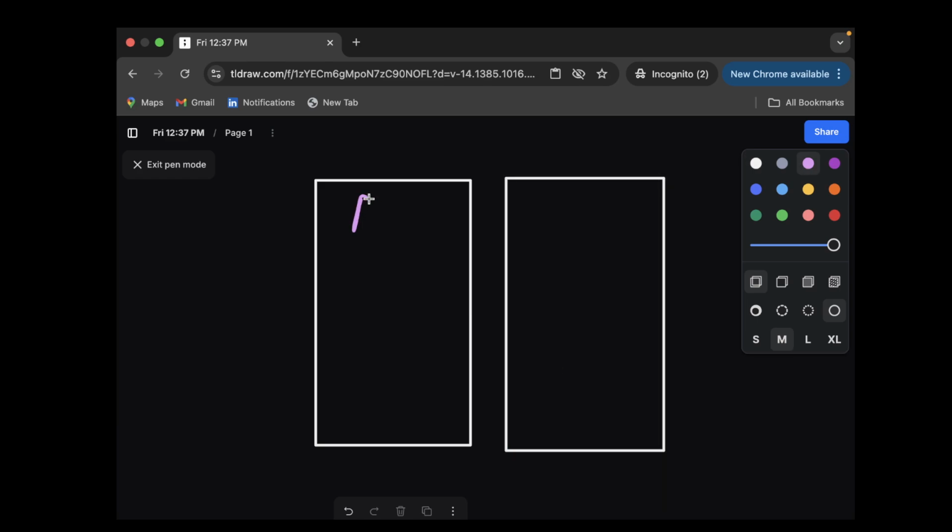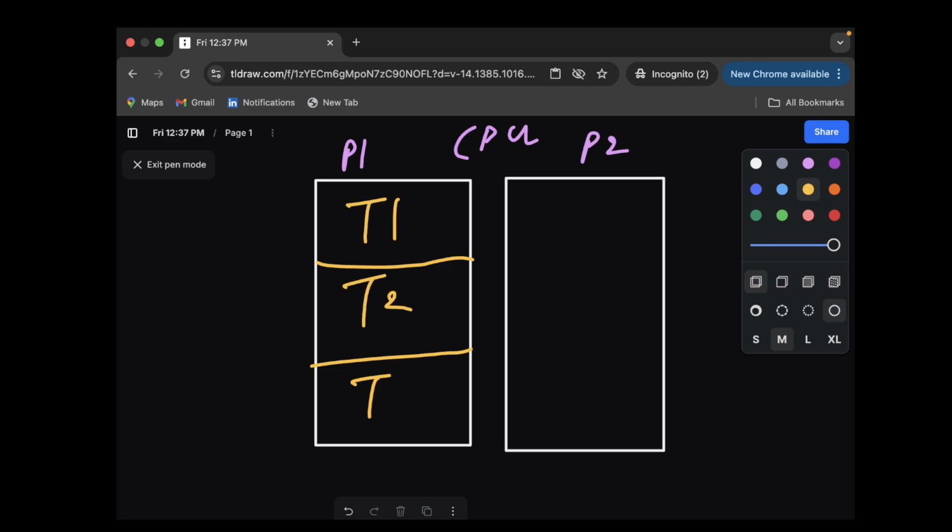So to sum it up, this is my CPU, and this is, suppose, my process P1, and this is my process P2. These processes are going to have multiple threads running in them. So it can be thread 1, thread 2, and then thread 3, multiple of them, depending upon how we define the smallest execution unit possible, right?